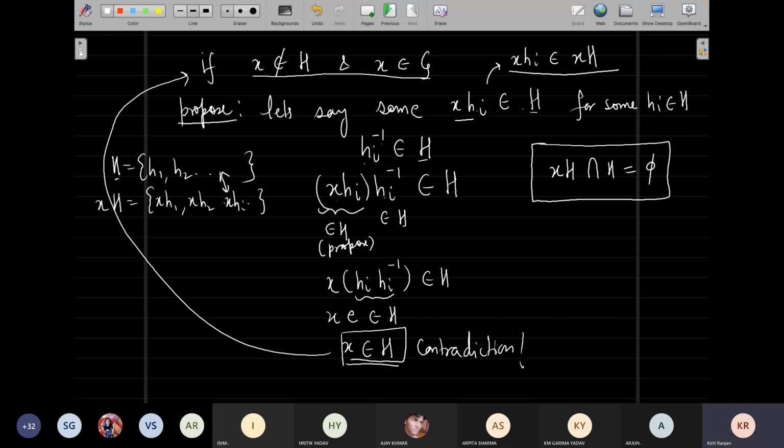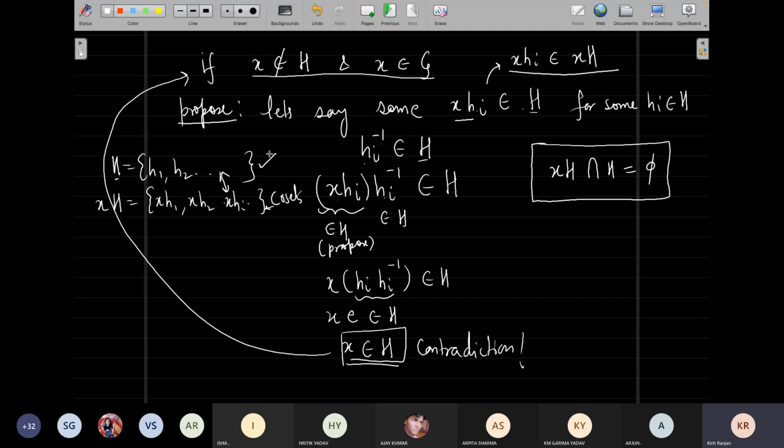But that's what we were not talking about. We are talking about all those elements which do not belong to H. They are going to give cosets, and none of the elements of this coset is the same as any of the elements of H.